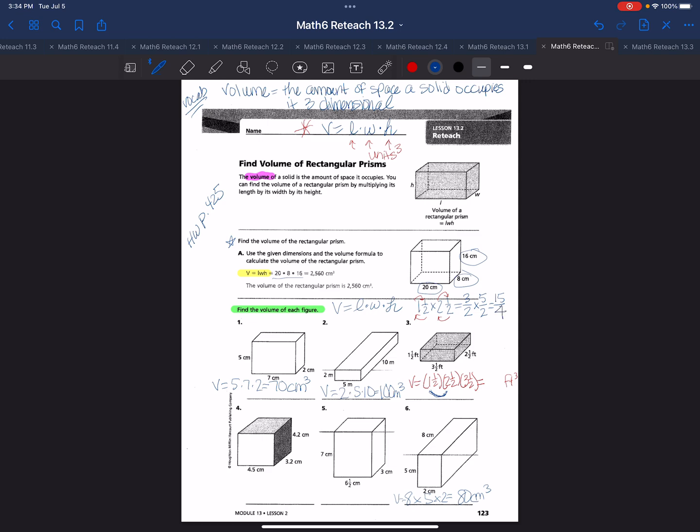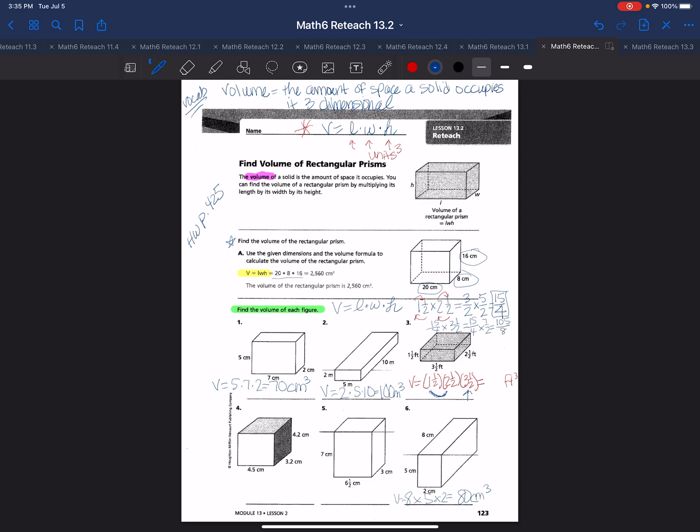Now we take 15 fourths and multiply it times the next term, which is 3.5. 15 fourths stays the same, and 3 times 2 is 6 plus 1 is 7 halves. So 15 times 7 is 105, and 4 times 2 is 8.